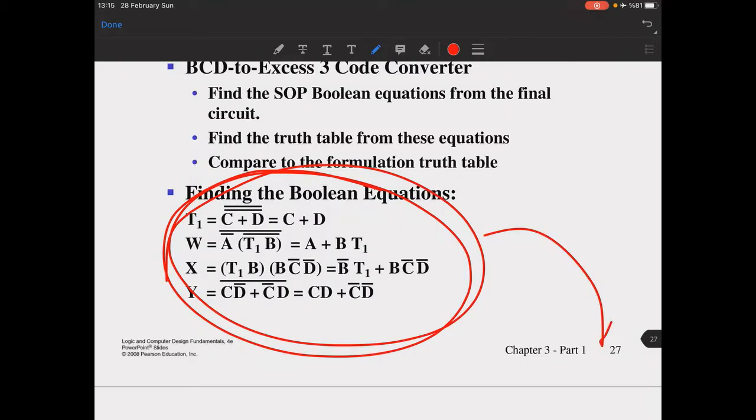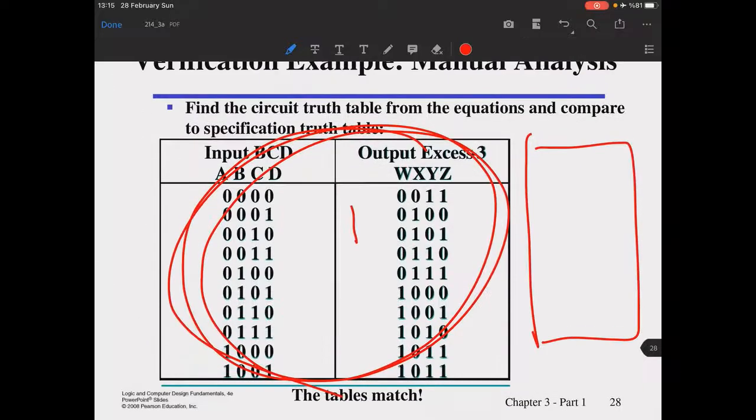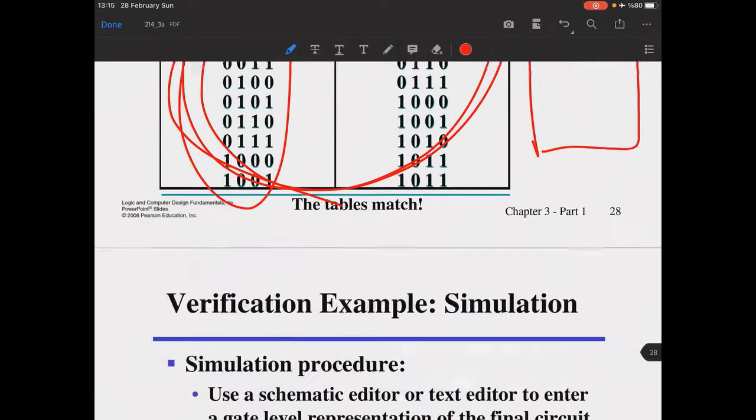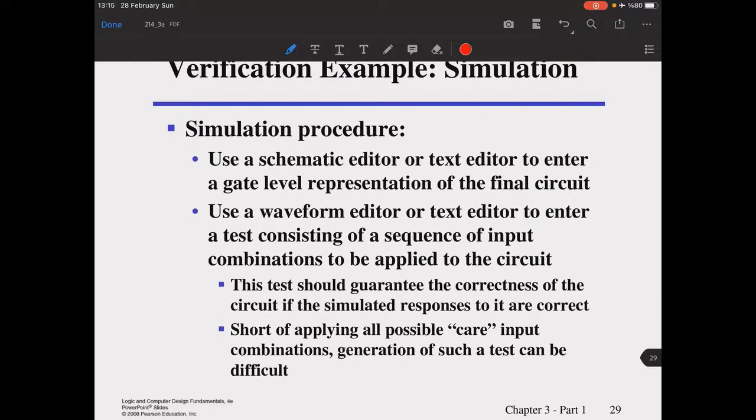If they match perfectly 100% over each other, it means that what you did was correct. So you test all the input combinations here. That's the idea.